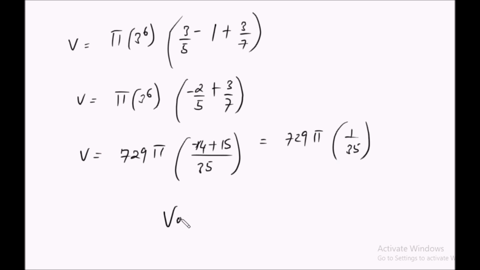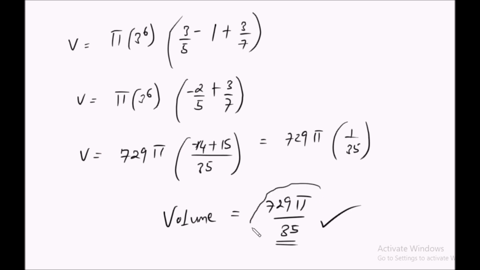So now our volume finally is going to be 729 pi over 35. Kwa hiyo hapo kama unataka ku simplify further, weka pi sasa 22/7 au 3.14. So this now is our volume, tushapata volume kama alivyokuwa anahitaji kwenye swali. So you can see that's how we apply ile formula to derive.